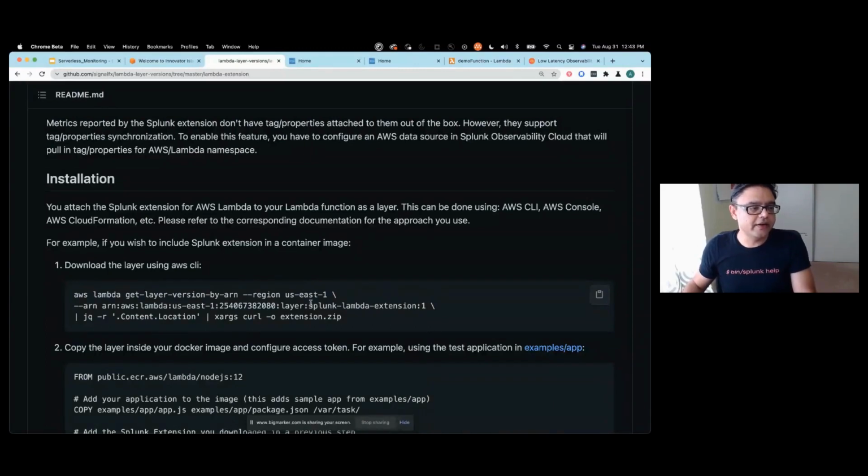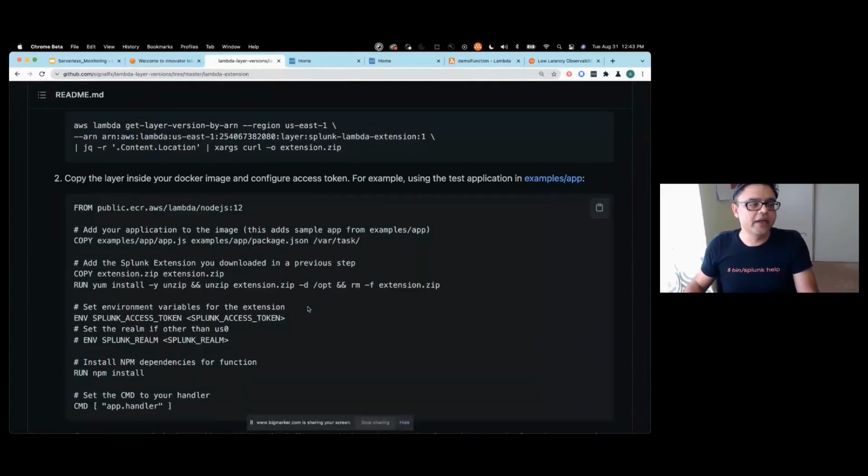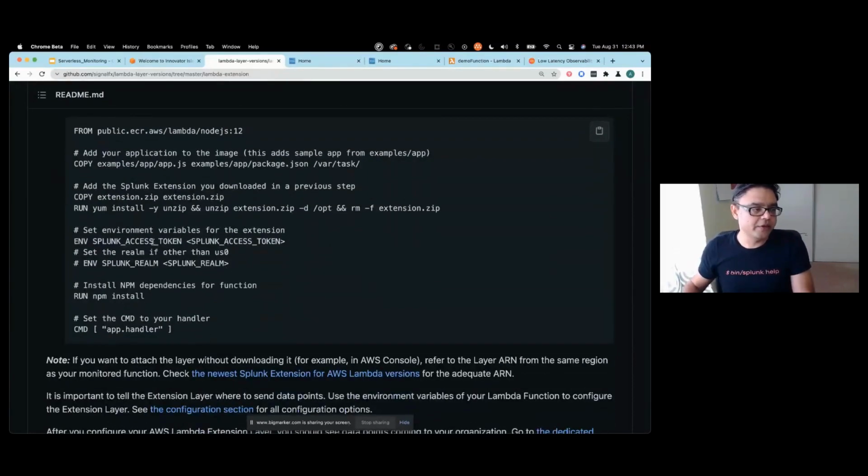You can get the layer from the published ARN and add it to your container image. AWS has many other examples of how to build container images for your serverless functions, and whatever you want to execute, you can add to that container image.